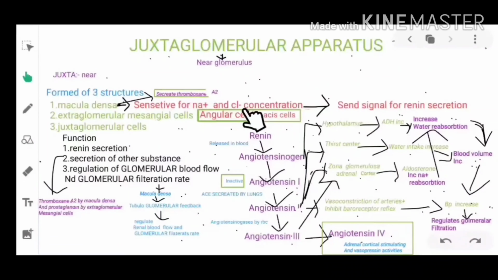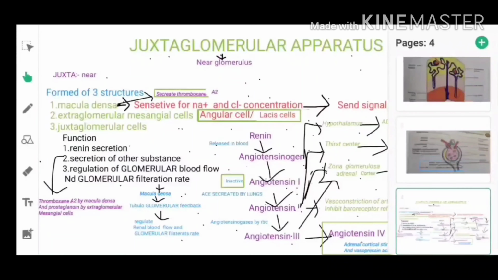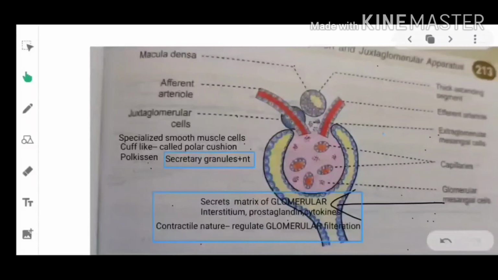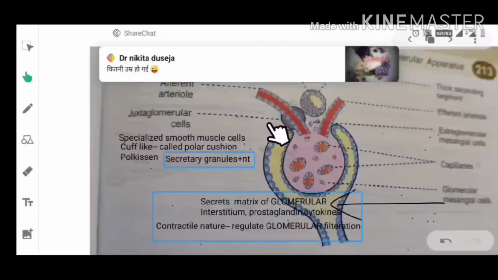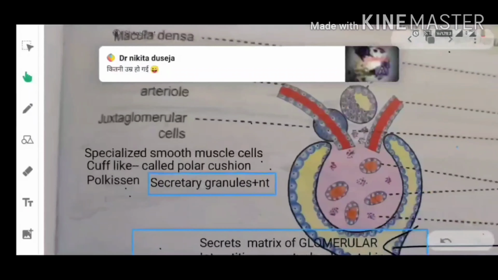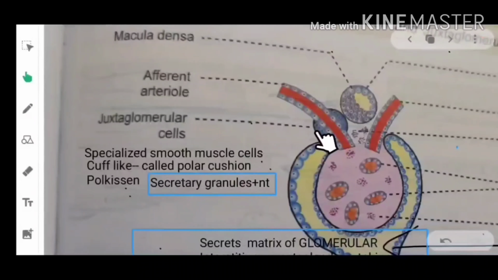Now, juxtaglomerular cells. Juxtaglomerular cells are made up of specialized smooth muscle cells which are situated in the wall of the afferent arteriole just before it enters the Bowman's capsule.